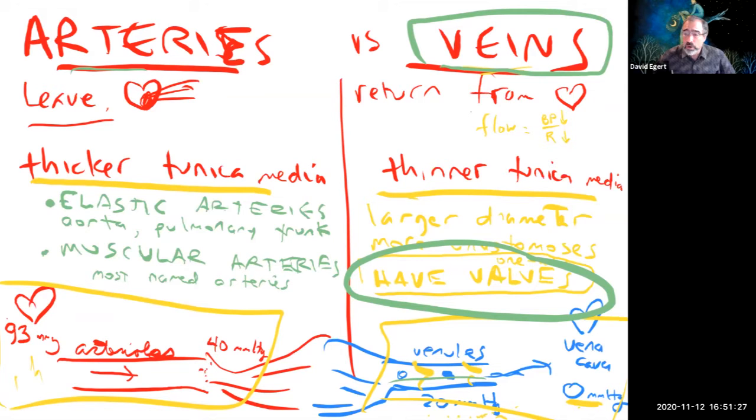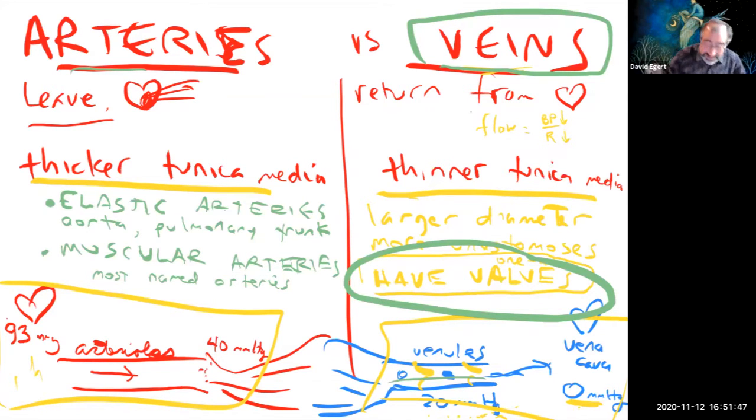The main point of their structure is to adjust the diameter, which we saw is a critical part of both maintaining the appropriate blood pressure as well as appropriate distribution of blood. So that's what muscular arteries are.